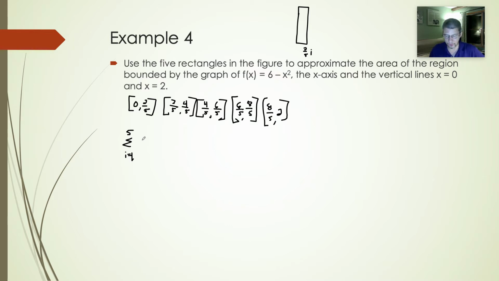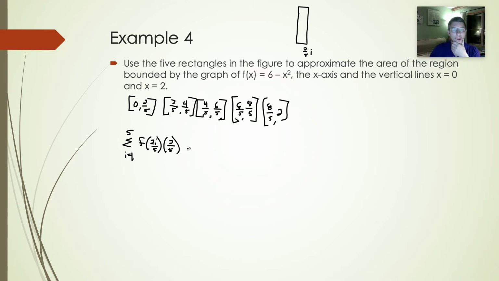And so the first term that I'm going to use is the height, and that's going to be the y value. So f of 2/5 i. And then I'm going to multiply that by the width of each rectangle, which is 2/5. Okay.